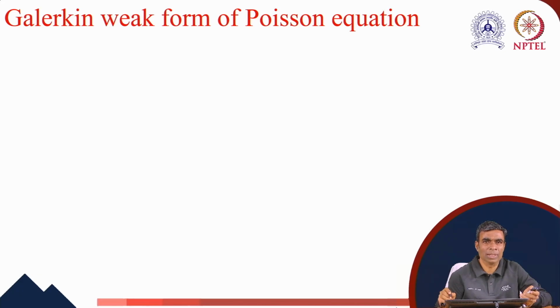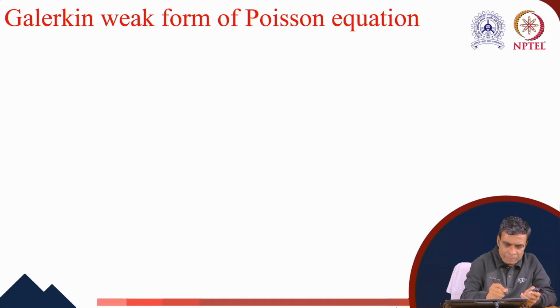So we just consider the Poisson equation in heat conduction in vector form, and then we consider all 4 types of boundary conditions, the essential, natural, convective and radiative boundary conditions.